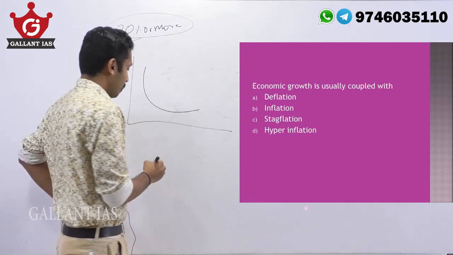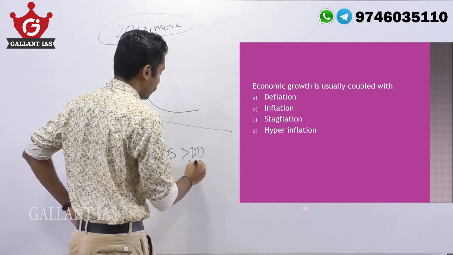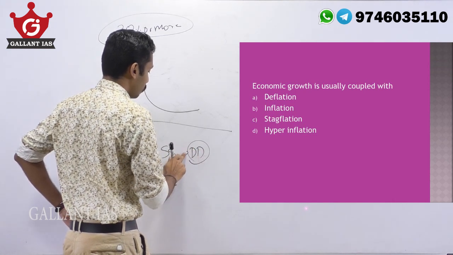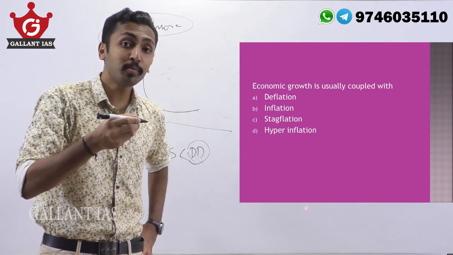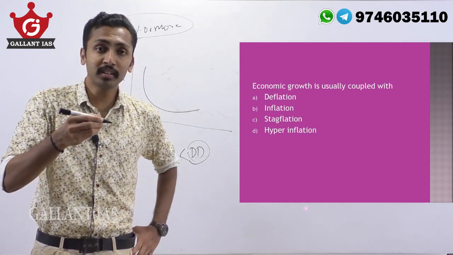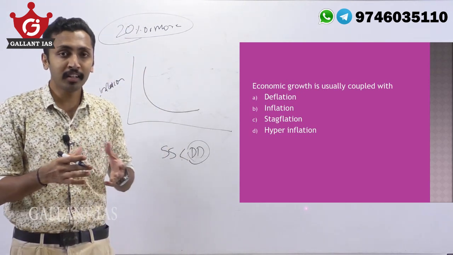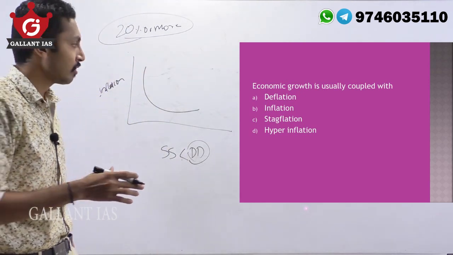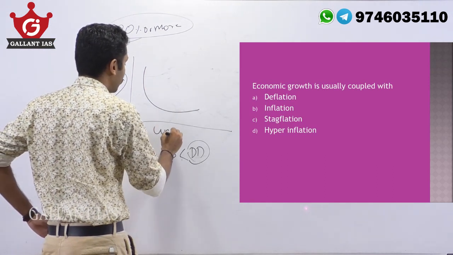If in an economy there is excessive demand over supply, to meet this demand, what will we do? Increase the production. When production increases, more employment will be created. More employment will lead to lesser unemployment. So, inflation and unemployment are negatively related.